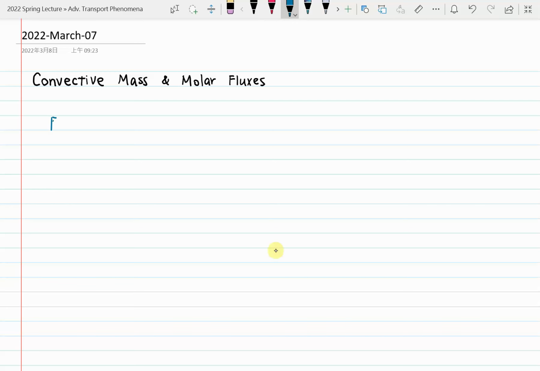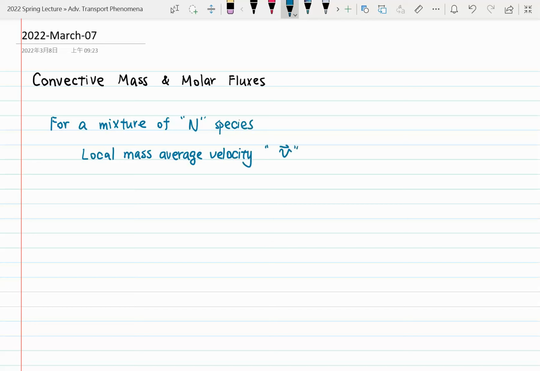For a mixture of n species, we can define its local mass average velocity, denoted as just v, as a vector.